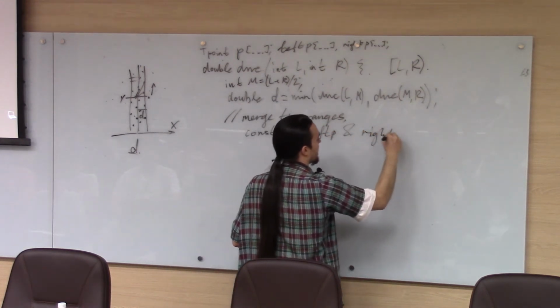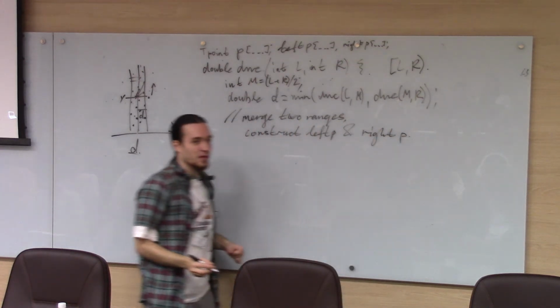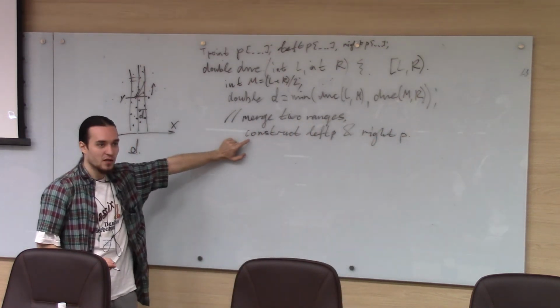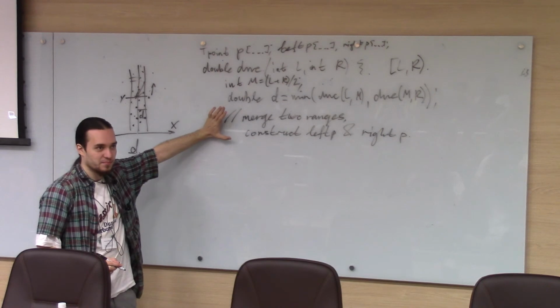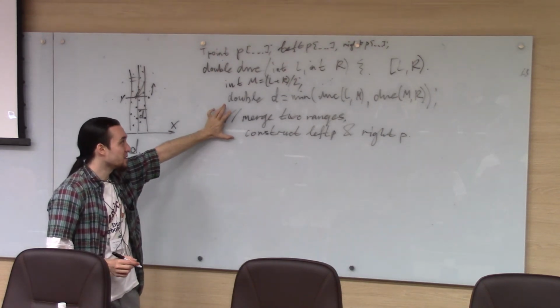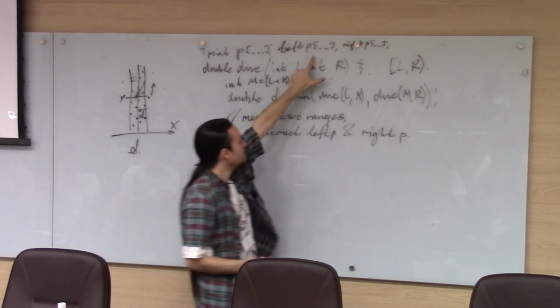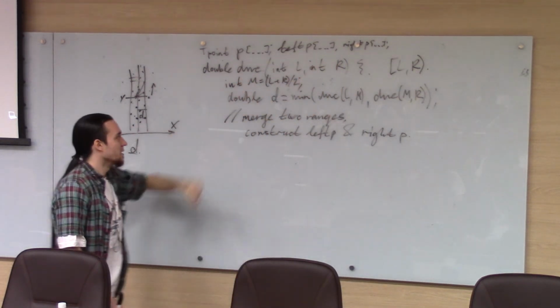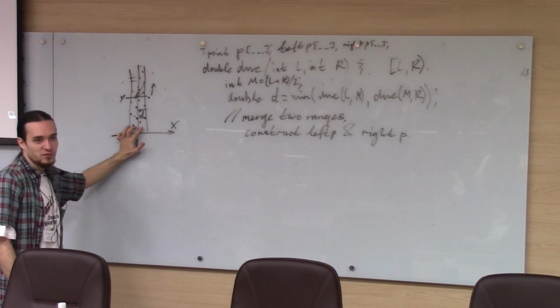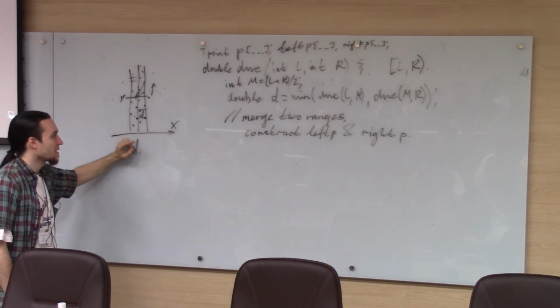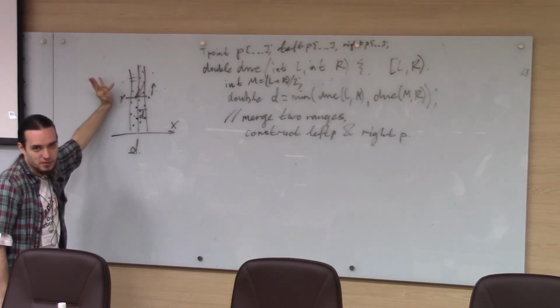At the end of this part that I didn't go into, we expect the range to be sorted, and we also expect that these two arrays will contain the points inside the strip on either side by increasing y coordinate.